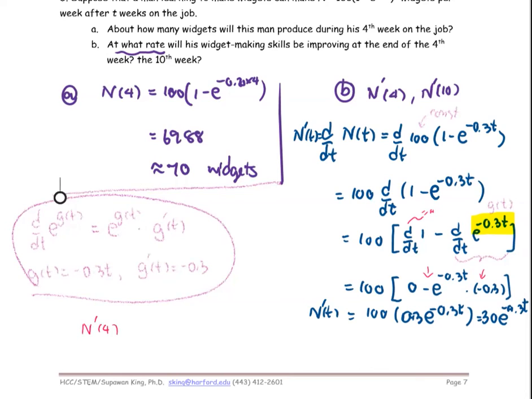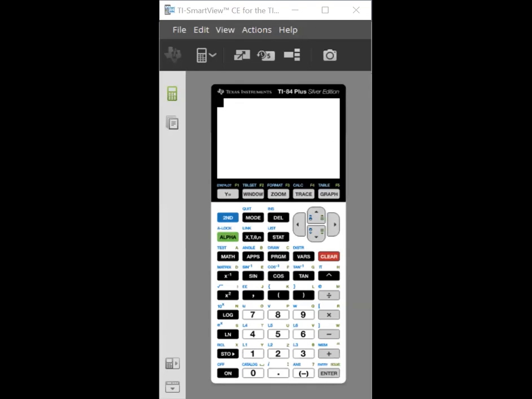So n prime at 4 equals 30 times e to the negative 0.3 multiplied by 4, and n prime at 10 is 30 times e to the negative 0.3 multiplied by 10. We put these in the calculator to get the values. The first one is 30 multiplied by e, second function of the ln, to the power negative 0.3 multiplied by 4.